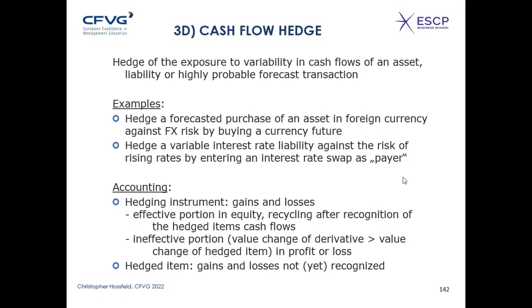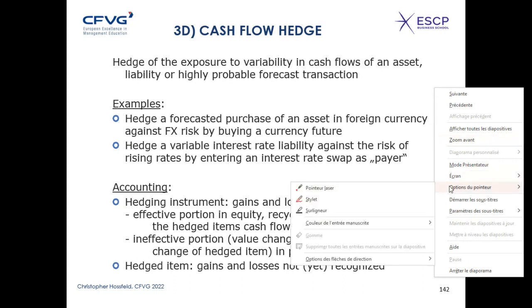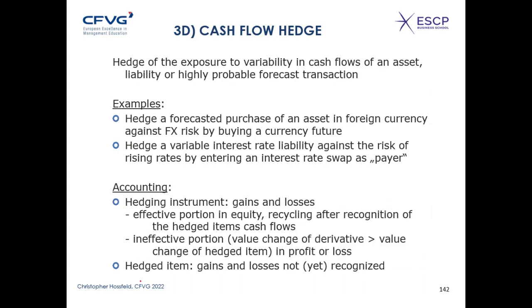Okay, so these are examples for cash flow hedges. How do I do the accounting? Well, here the interesting thing is that the hedged item usually will not be visible in my balance sheet. Why not? Well, because here what do I hedge? I hedge future cash outflows, for example.